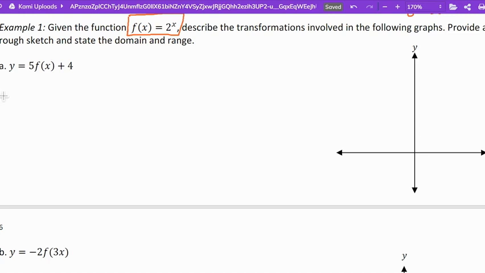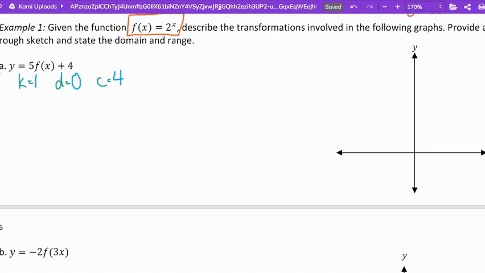All right, so what's your A? What's your K? What's your D? Okay, so I know that A is the number at the front. So that's my 5. I know that number at the end is my C. There is no horizontal movement, and there's no stretch.